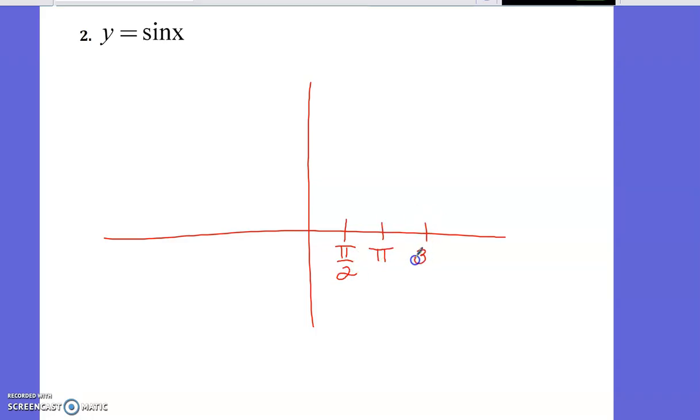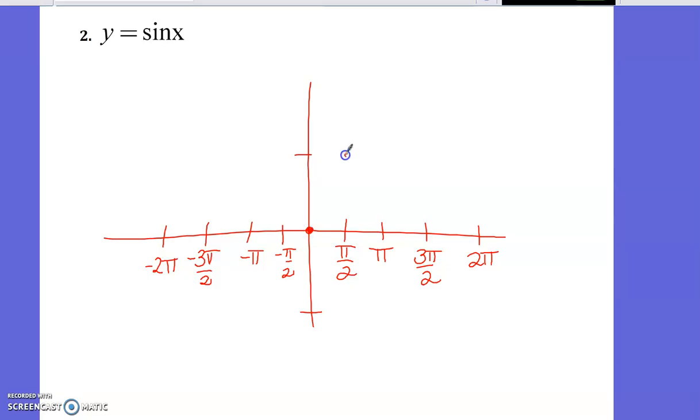So let's go ahead and get our x-axis labeled. Cosine started at the top for the parent function. Sine starts in the middle. So here it's going to start at the origin.